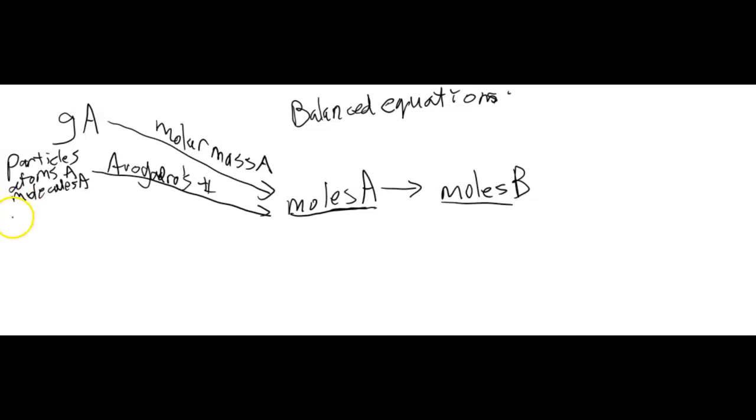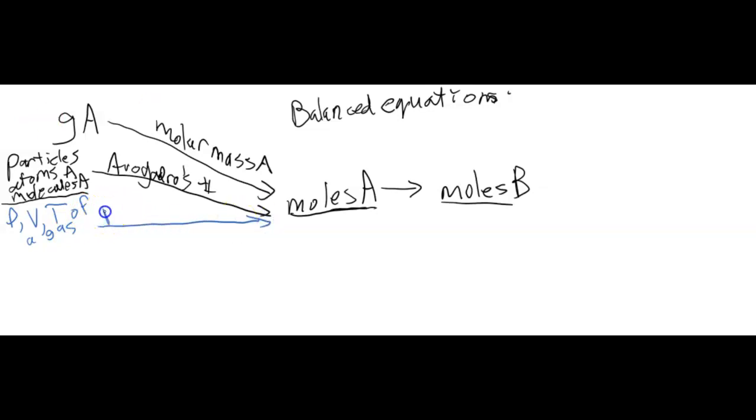So let's say instead we have a gas. Let's say we know the pressure, the volume, and the temperature of the gas. Then we can use our ideal gas law to find our moles.